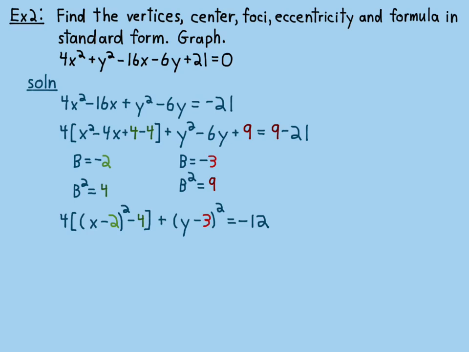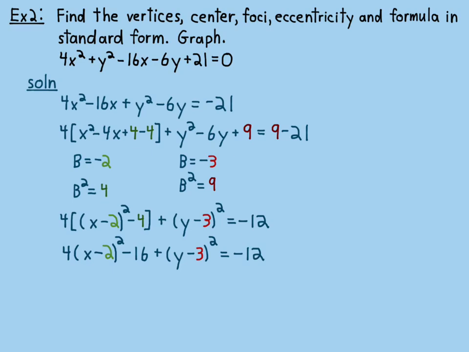I'm getting there, so now I need to distribute this 4 here and here. So to each term on the inside, there's 2 terms on the inside. So I get 4 times the quantity x minus 2 squared minus 16 plus the quantity y minus 3 squared equals negative 12.